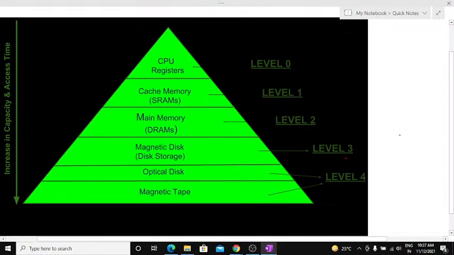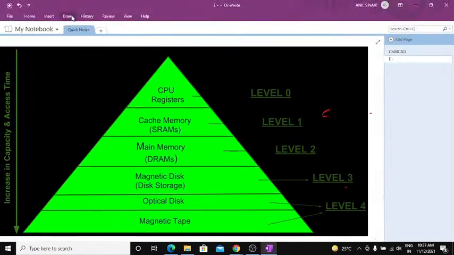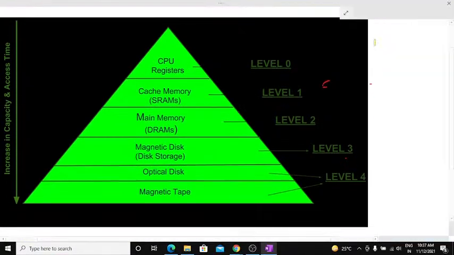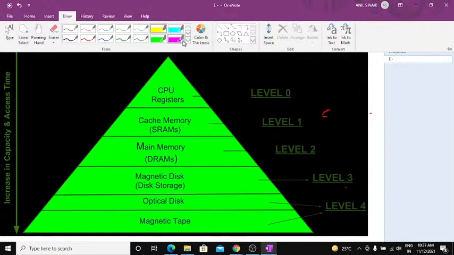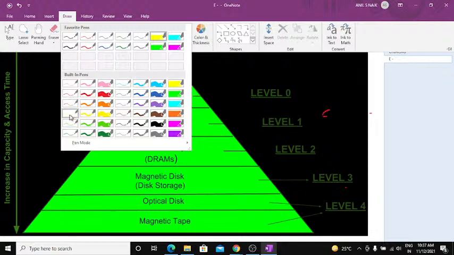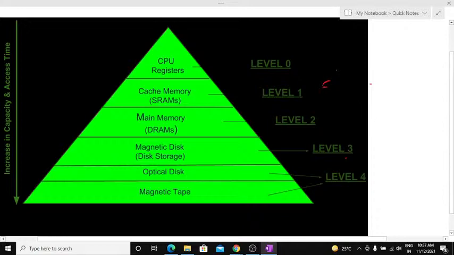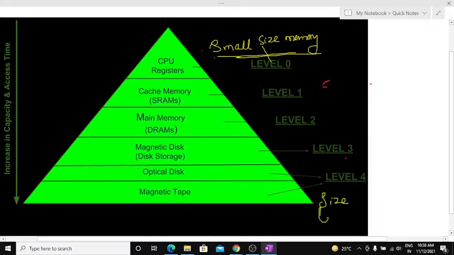Based upon the size, memory hierarchy means here the CPU registers are a small size memory, and here the storage size is large.